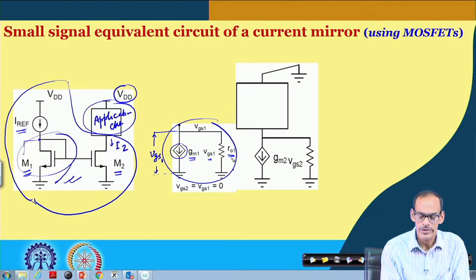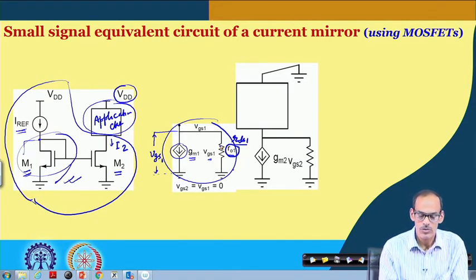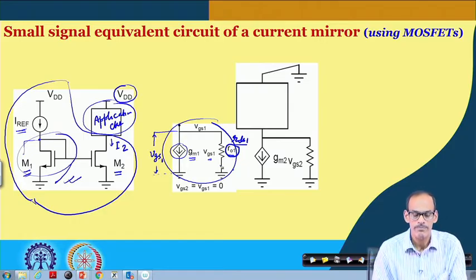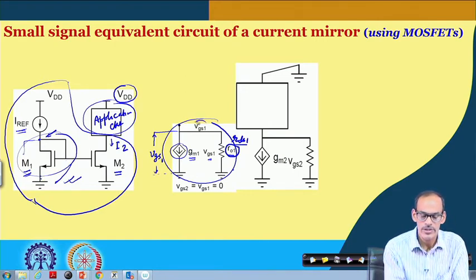Earlier we used to call this RDS1. For fair comparison with the BJT version, instead of writing RDS1, here we are writing RO1. This is a synonymous situation, so let us stick to this notation. We do have the voltage here, which is VDS as well as VGS.